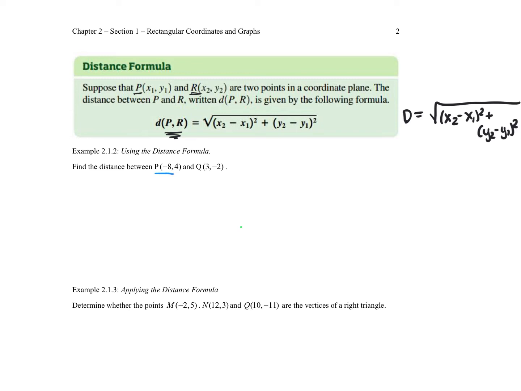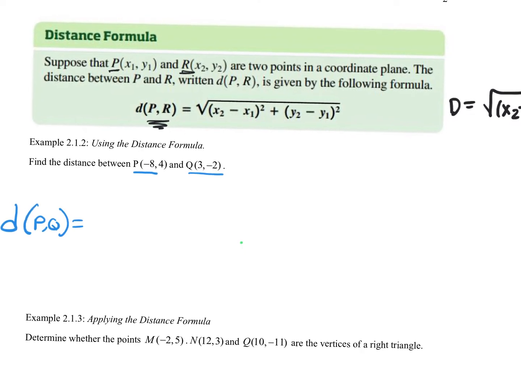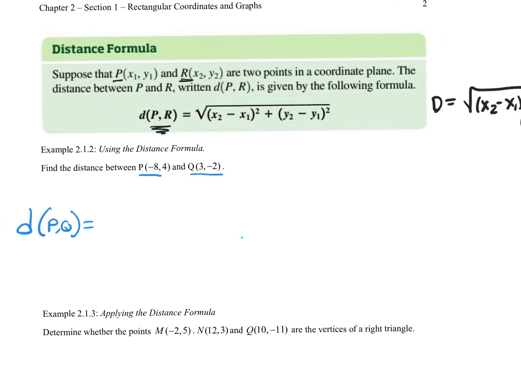So I have 2 points, P and Q. So my distance between P, comma, Q is going to equal, and then I'm just going to label these to help us a little bit, X1, Y1, X2, Y2. So big square root, 3 minus negative 8 squared plus negative 2 minus 4 squared.